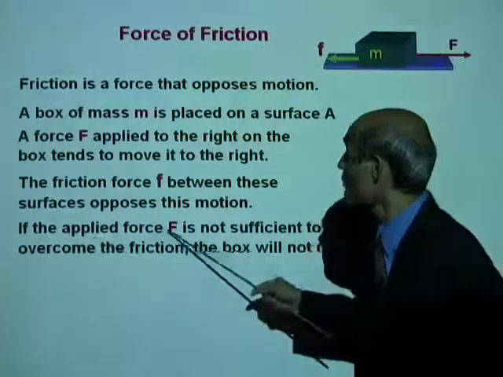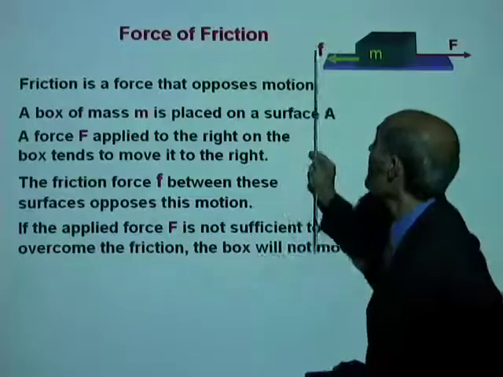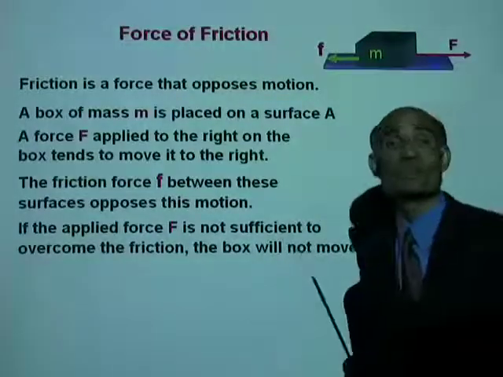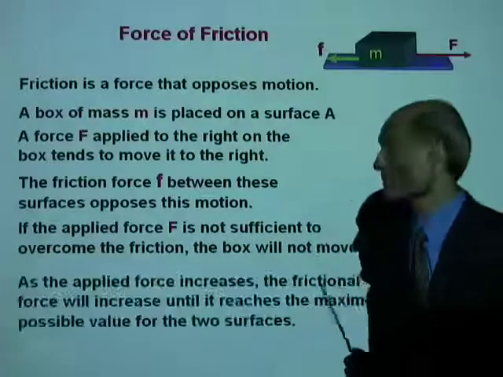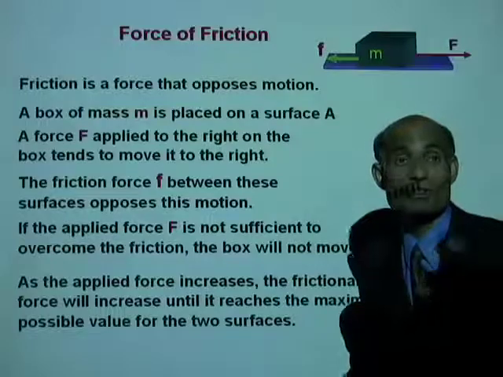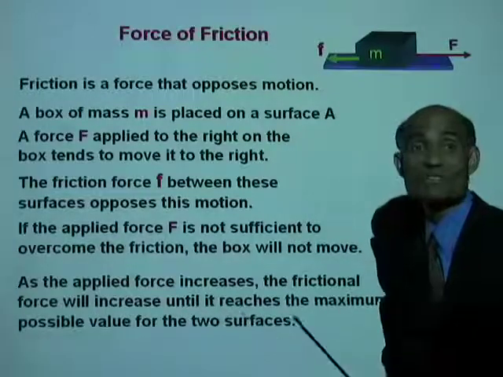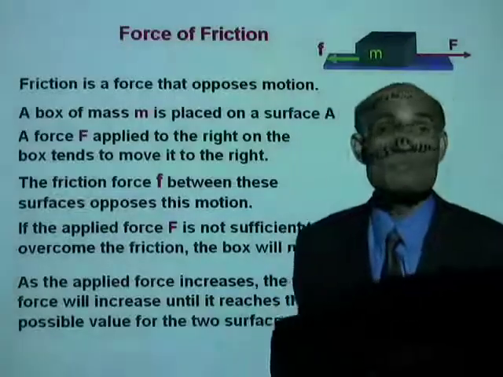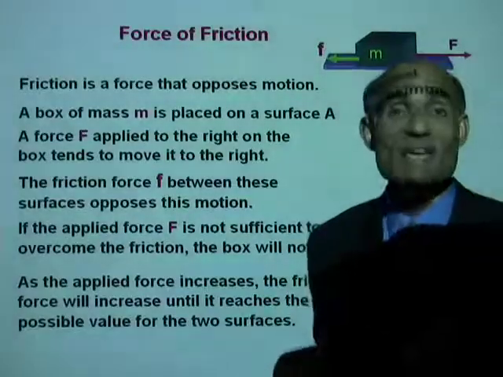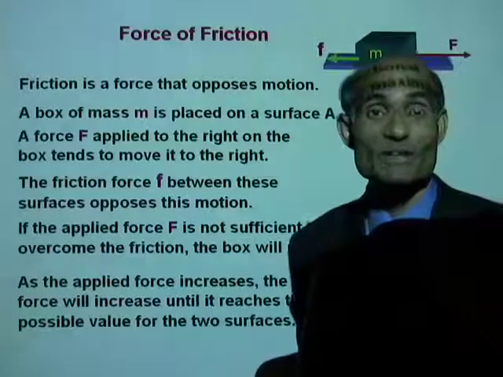Now, if the applied force F is not sufficient to overcome this frictional force, then the box will not move. As the applied force increases, the frictional force also will increase until it reaches a maximum value. What did we say that maximum frictional force between two surfaces is called?